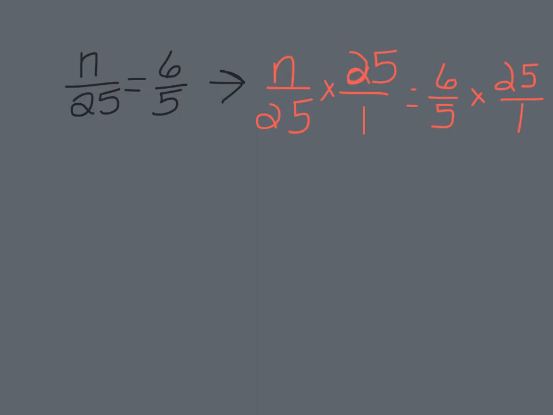So let's check. 25 goes into 25 one time, so then the n is all by itself. Then we have 6/5 times 25 over 1, but we can reduce that. 5 goes in here one time, and 5 goes in here 5 times. So 6 times 5 equals 30 over 1, which equals 30.